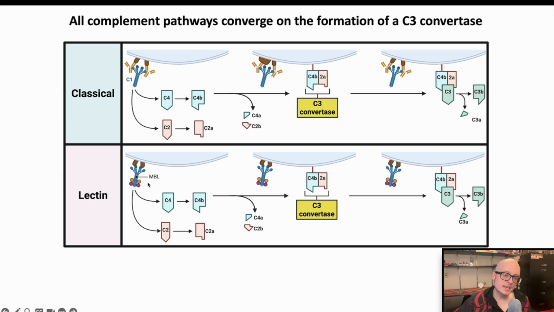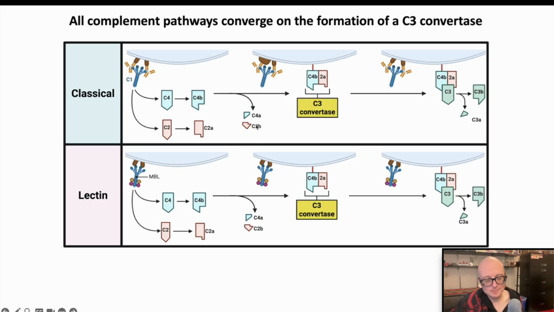In the lectin pathway, we're using a lectin like MBL to bind to a microbial sugar on the surface of the molecule. And we can see again that C4 and C2 are being cleaved into those cleavage products. Notice now, however, that C4a and C2b, the smaller of the two cleavage products, you can see that they're floating away.